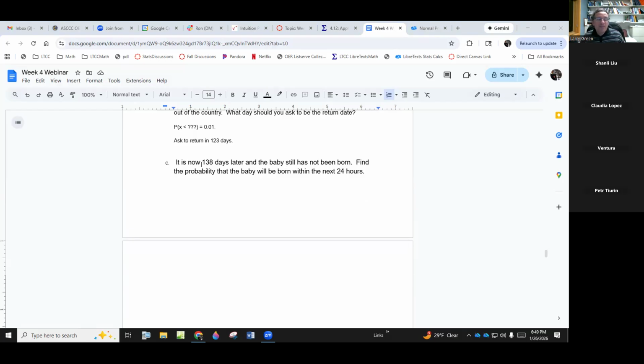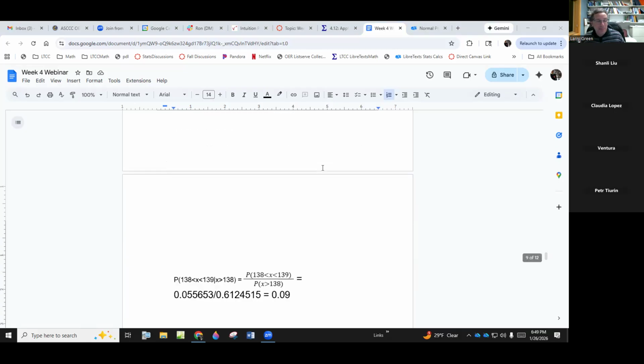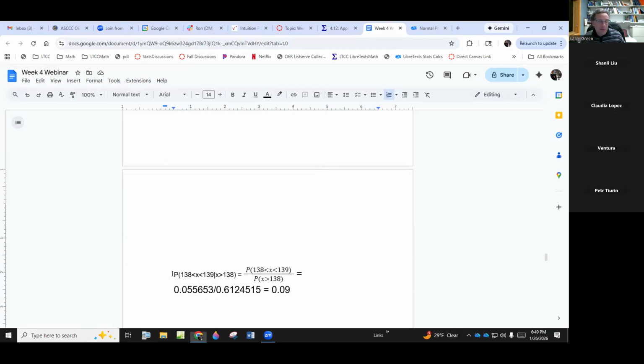See, we know the baby was not born in the first 138 days. So this is a conditional probability question, a given. So we're going to say probability that X is between day 138 and 139, given X is greater than 138.